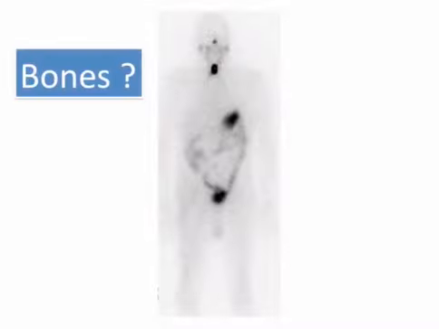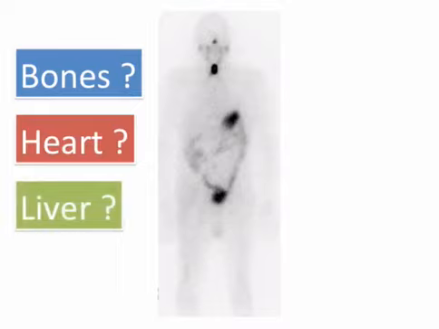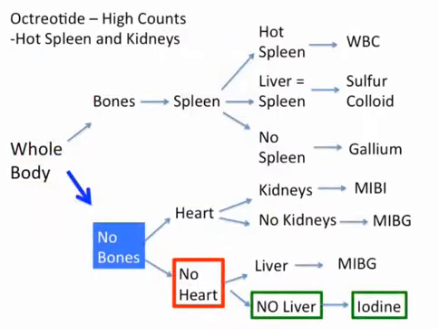All right, next case. Let's run through the algorithm here. Bones, no bones. Heart, no heart. Liver, no liver. Does have one of these. Bones, no bones. Heart, no heart. Liver, no liver. Iodine. Right?